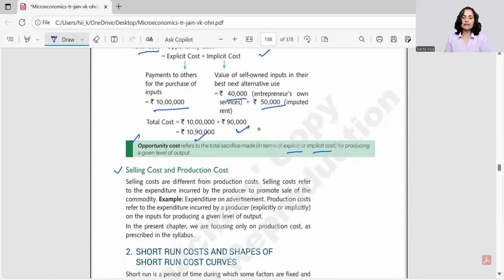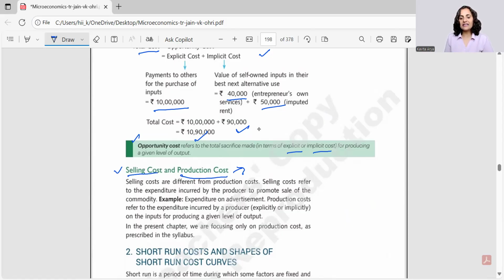Now, the terms selling cost and production cost. Here in this topic, when we are talking about the producer's behavior, we are primarily keeping our focus on production costs, because these costs which are associated with producing a good are called production cost, right? But whenever we are talking about how to enhance our sale after production, we start making the selling cost, because that is to promote the sales.